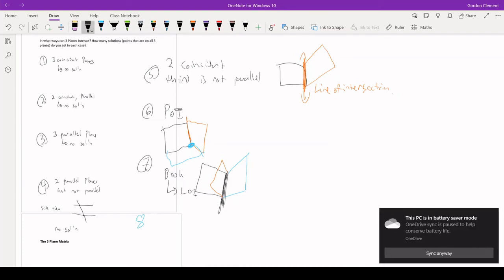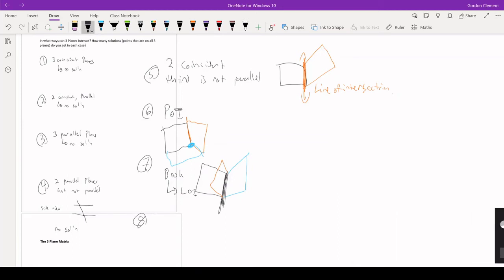And my last case, I call it the tent. But really it's kind of like a triangular prism. So the planes form a triangle in space, so I call it the tent.